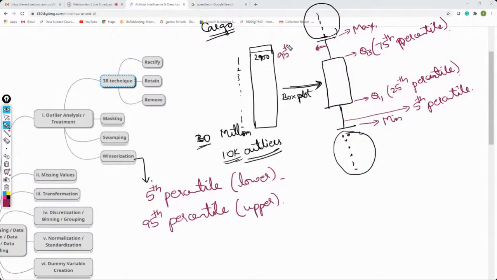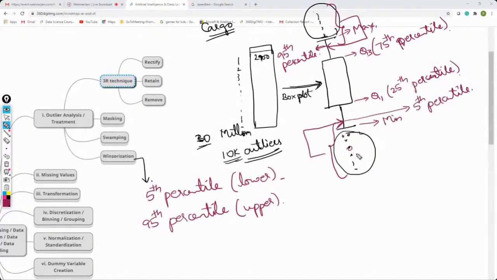You force fit all the values which fall below the 5th percentile to the 5th percentile. And then you force fit all the values above the 95th percentile to the 95th percentile.